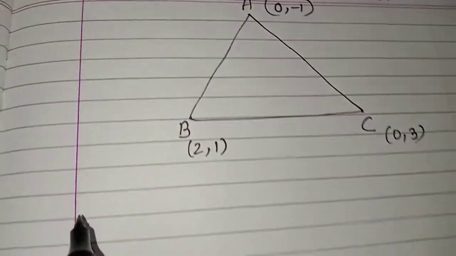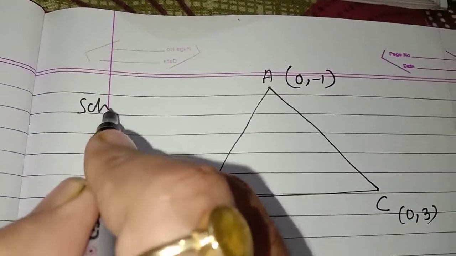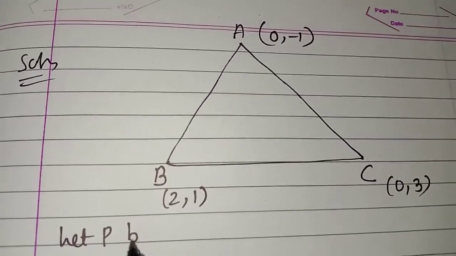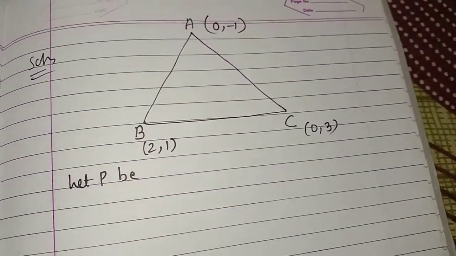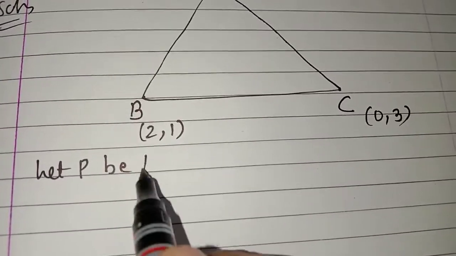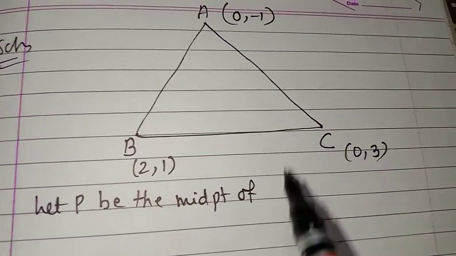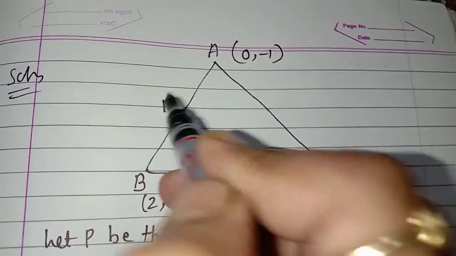So I will write here its solution. Let P be the midpoint of AB.